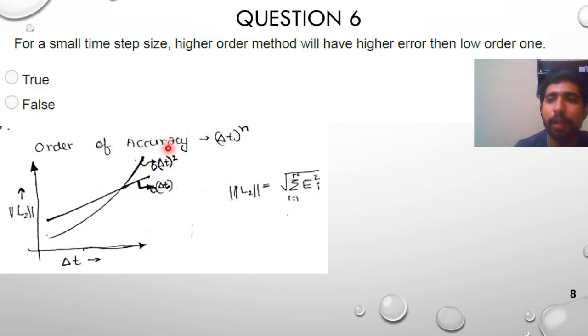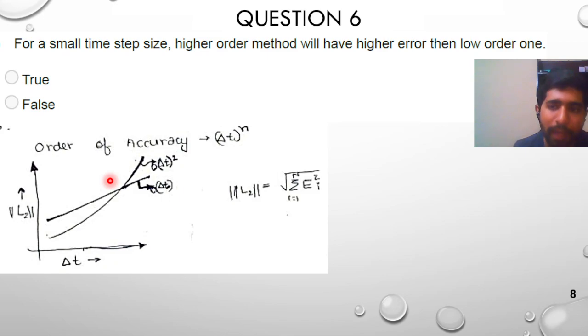What we usually do in research is that we calculate the variation of the L2 norm with respect to delta t. We run the simulations for different delta t values, ranging from very small to very high delta t values, for a problem wherein we know analytical results.